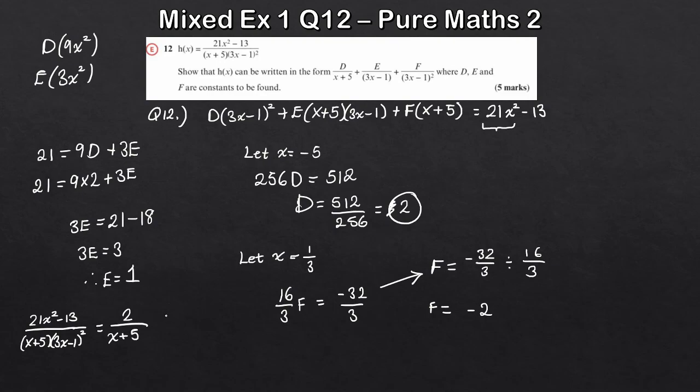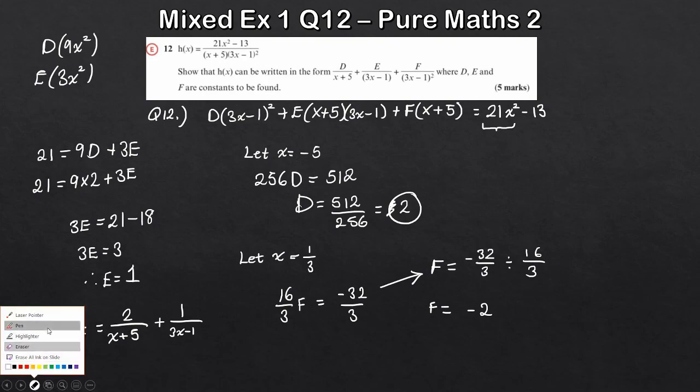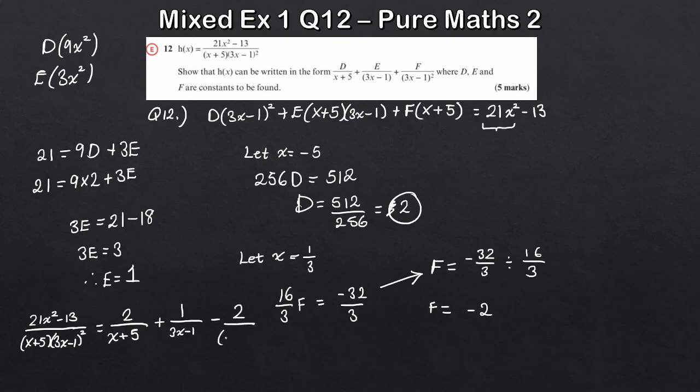E is 1, so that's just 1 over 3x minus 1. And then finally, f is minus 2, so that should be a minus, sorry. So we'll change that to a minus. That would be minus 2 over 3x minus 1 all squared there.